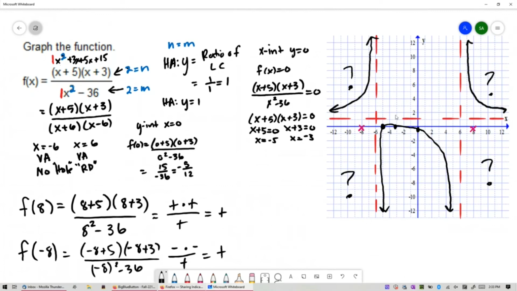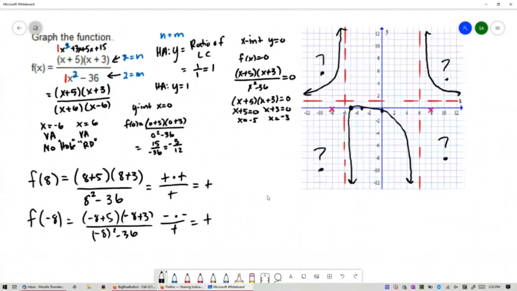I want to check to see if this graph crosses the horizontal asymptote. So I'm going to see if f of x ever equals 1. That's my horizontal asymptote. So (x plus 5)(x plus 3) over x squared minus 36.